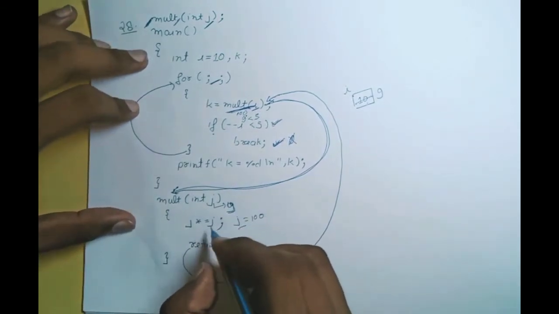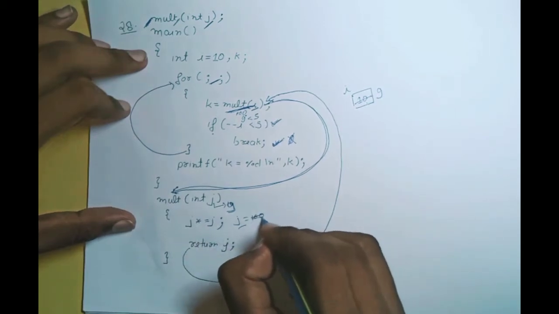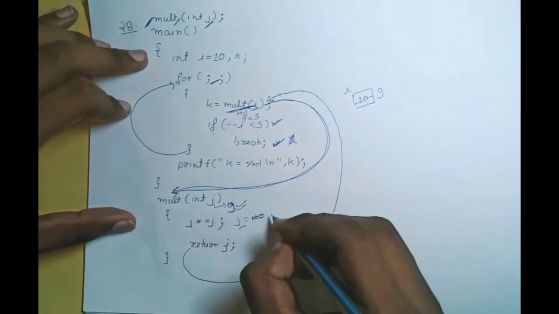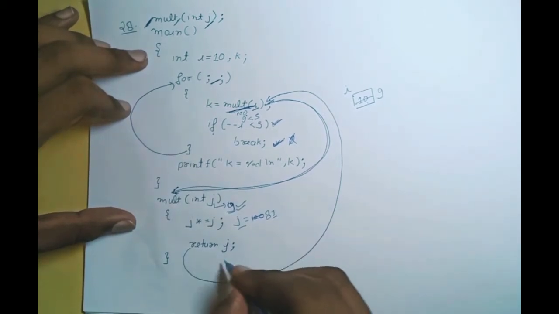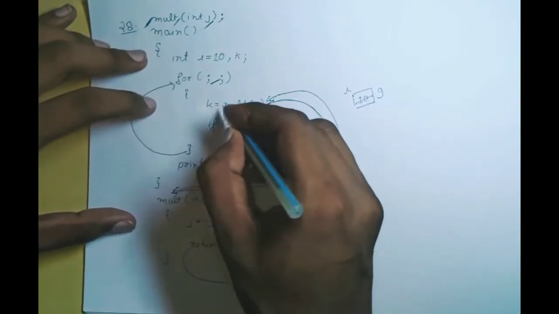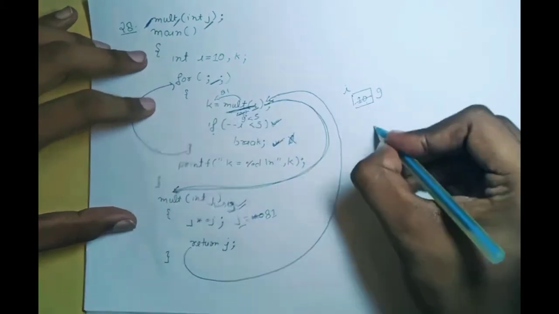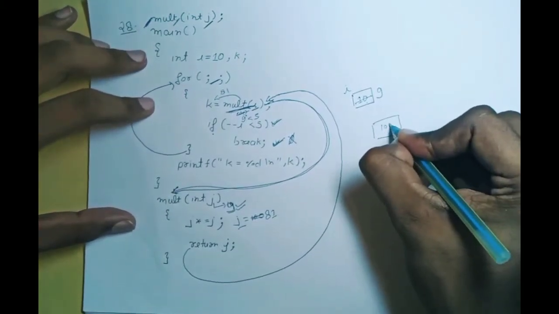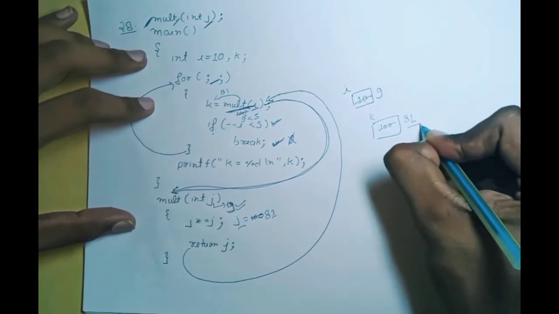Now we are squaring the variable j, which means squaring the value 9, giving 81, and we return 81 from this function, and this 81 is stored in the variable k. First in k we had 100, now we have 81, which is the square of 9.